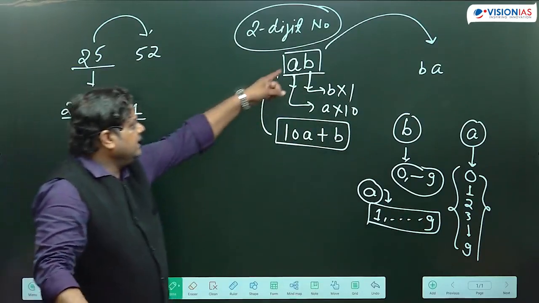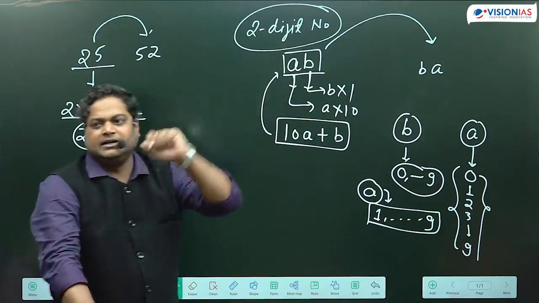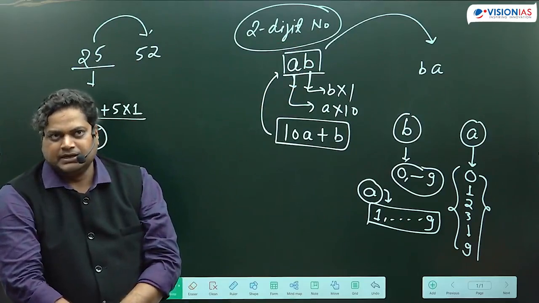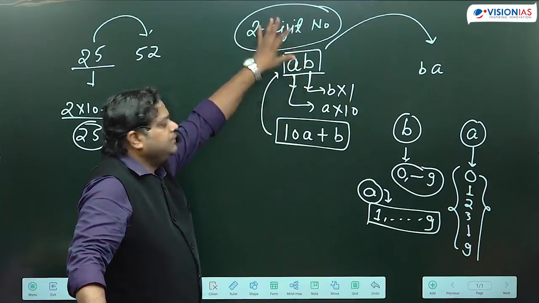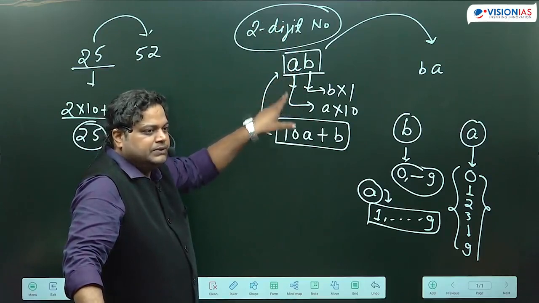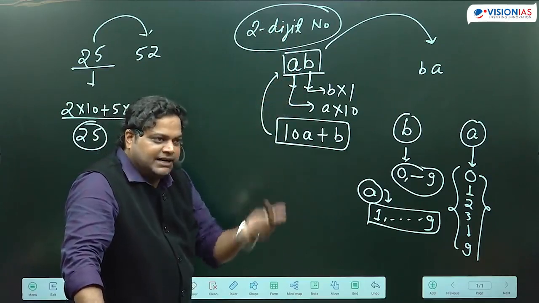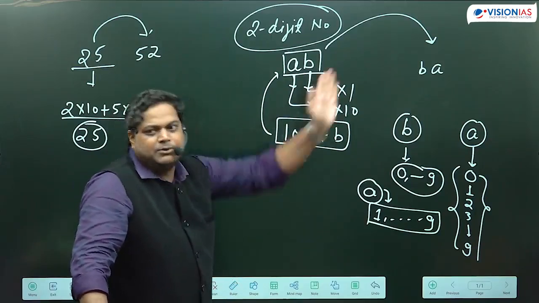If we take A की value 0, the number will become a single digit number. Correct? Here we have assumed कि AB is a 2-digit number. तो A cannot be 0. A can be 1, 2, 3. क्योंकि 2-digit number start ही होता है 10 से, है ना? 0 से तो start नहीं होता है. 10 से ये पहुंचता है 99 तक.